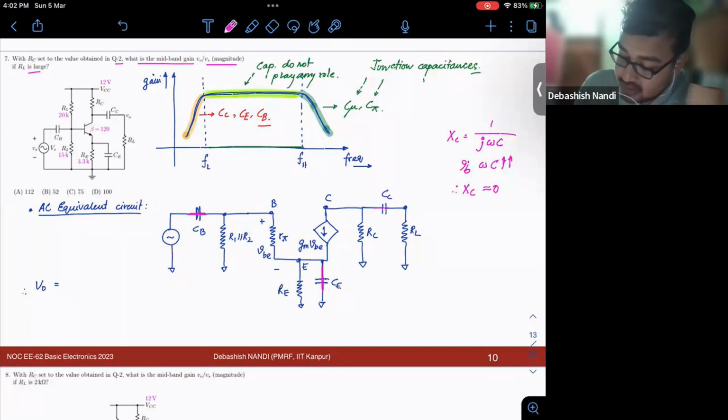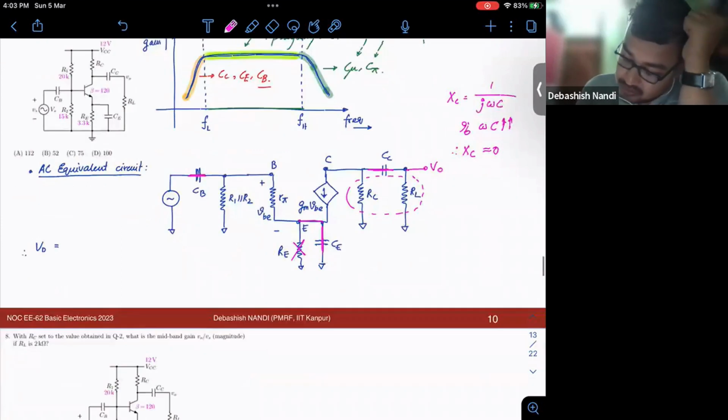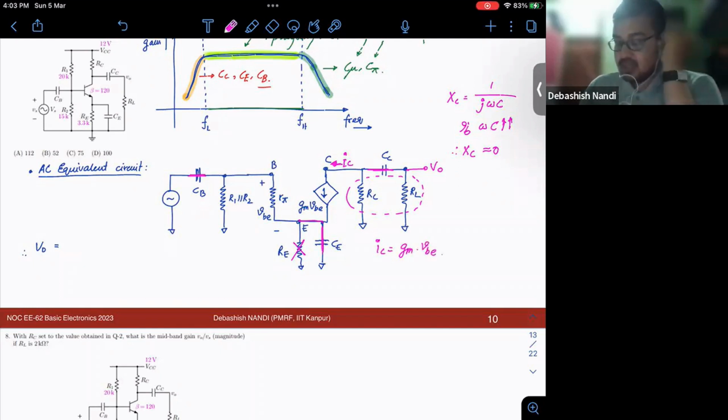If you short this, this will go away because it is having another shorted path. These two will be coming into parallel. So what is the current flowing this way? This is your IC, which is nothing but gm into VBE, right?